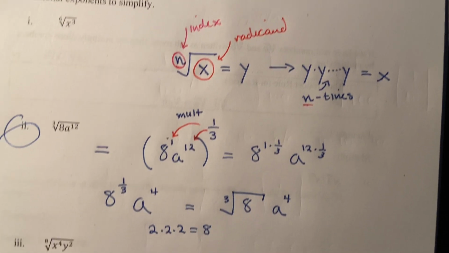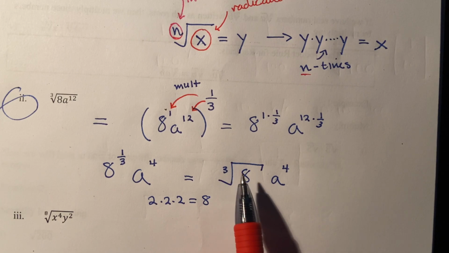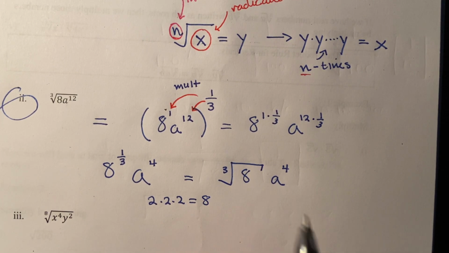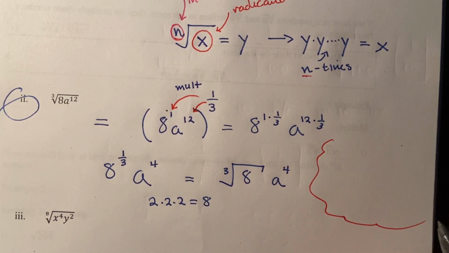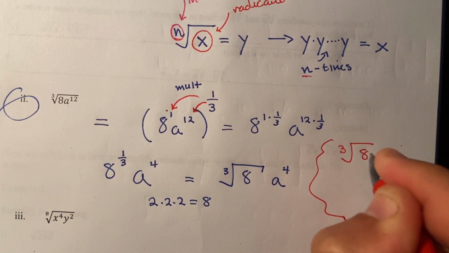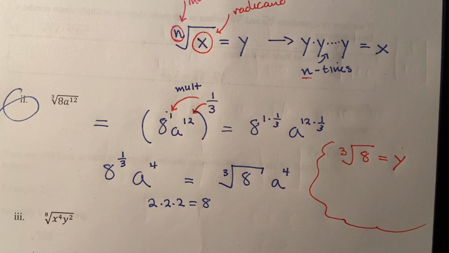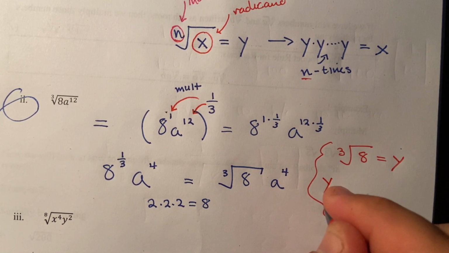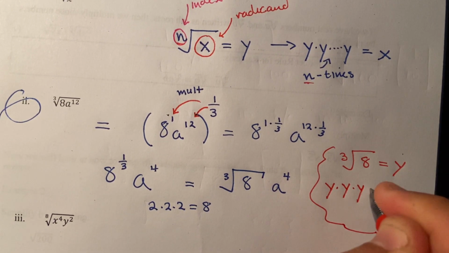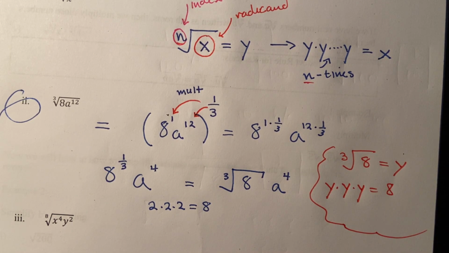Right, so in particular, here I have the cube root of 8. If that's some number, maybe you're thinking about it, let's just say it equals y. Like you don't know what it is yet. y times y times y would need to equal 8.